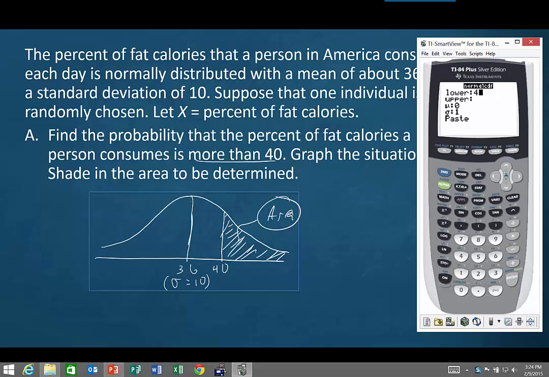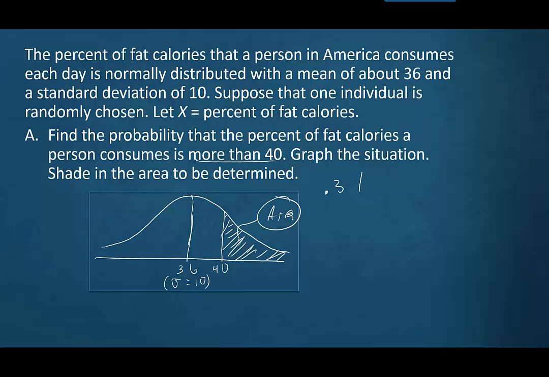So the lower, going from 40. Upper is infinity. Mean is 36. Standard deviation is 10. And we get about 34%. So 0.34. It says probability, not percent, so I'm trying to answer the question that they gave me.